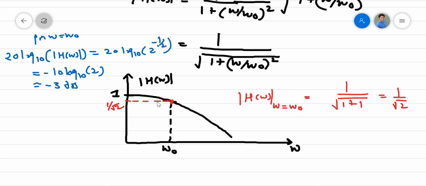So what this magnitude signifies is that the maximum magnitude of this filter deteriorates by 3 dB at this particular frequency, omega naught. This frequency we usually call the cutoff frequency. The magnitude at this point we took as 1 by root 2, but it is not always required that the cutoff be at 1 by root 2. It depends upon your application.